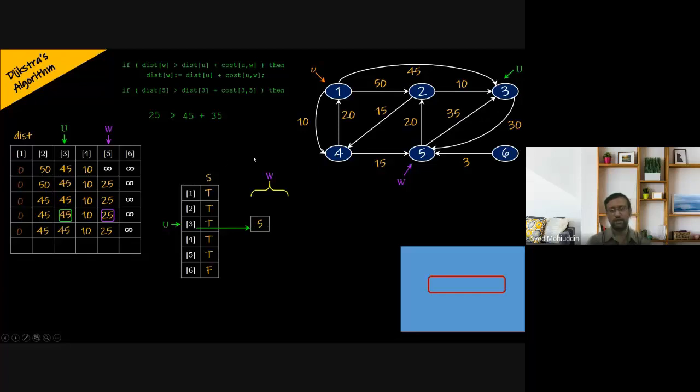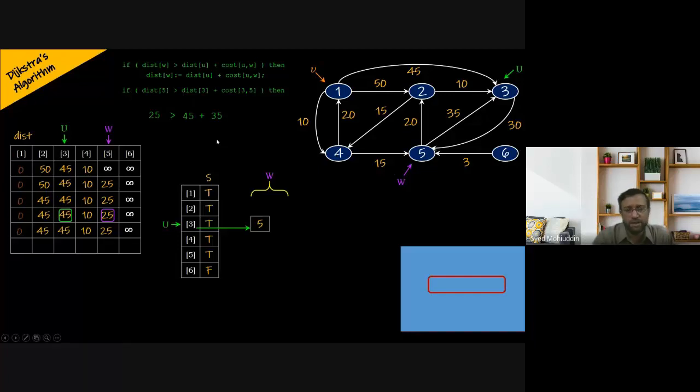But what I wanted to show here is that even if we consider vertex 5, the edge coming from vertex 3 to vertex 5, there will not be any way of updating. It doesn't get updated. So even if you perform the relaxation rule, it will not get updated.